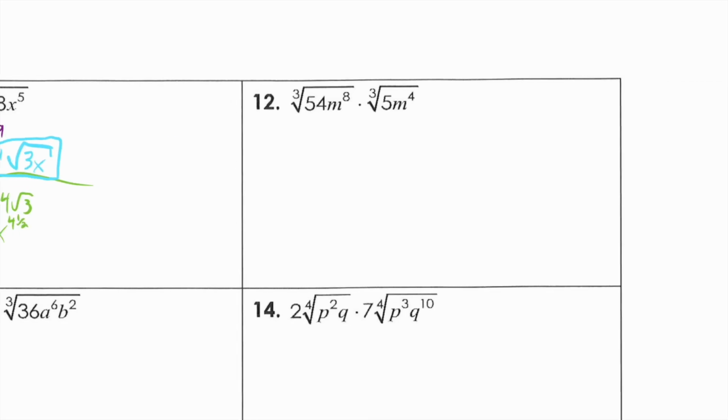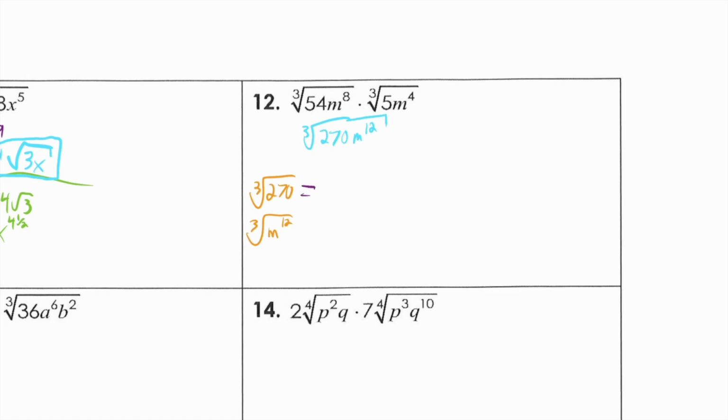Number 12, multiply the insides of these cube roots together, no outsides. So the cube root of 270 m to the 12th. Do part by part. Cube root of 270, cube root of m to the 12th.